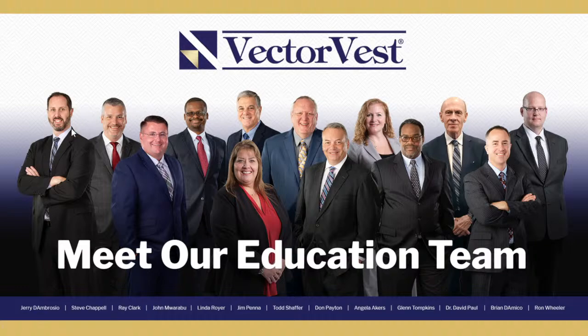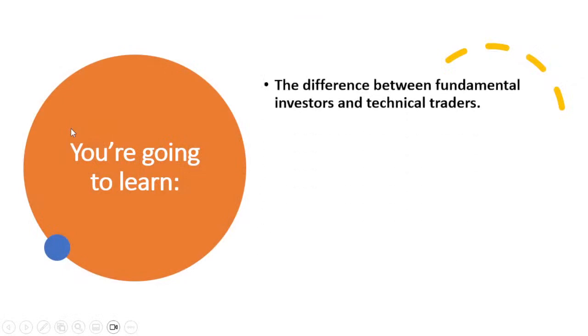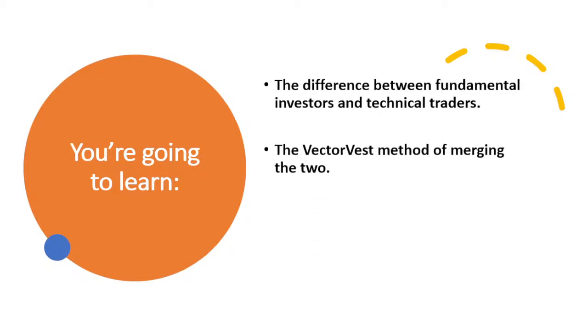Okay, so here's what you're going to learn today. You're going to learn the difference, or a lot of differences, between fundamental investors and technical traders. You're going to learn how we merge the two together. We have a method of analyzing stocks that takes the guesswork out of analyzing stocks.